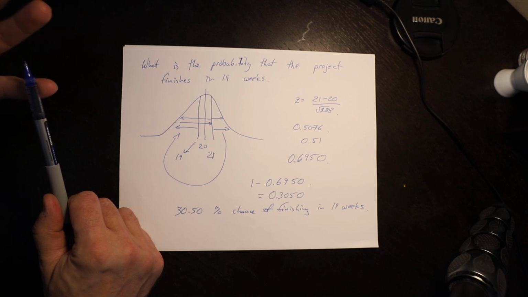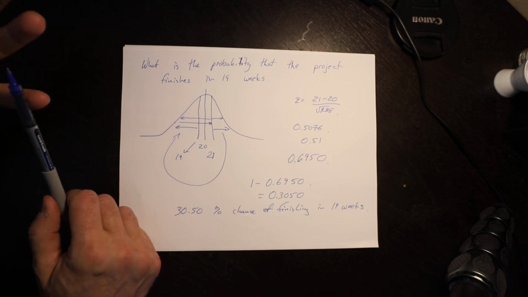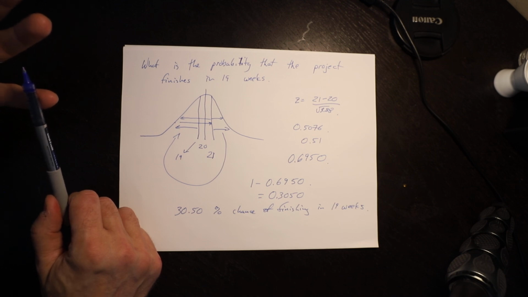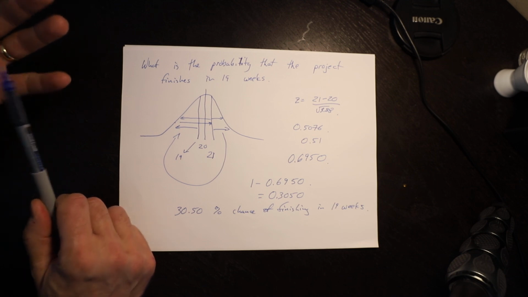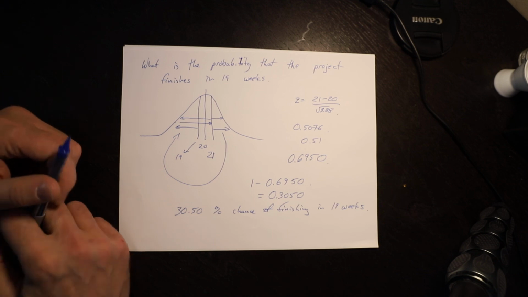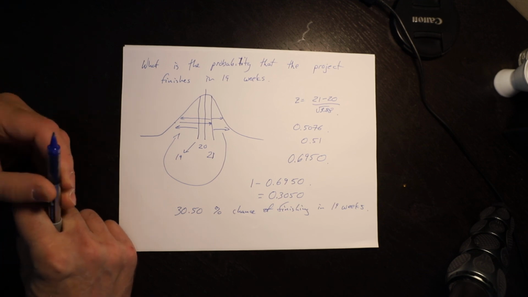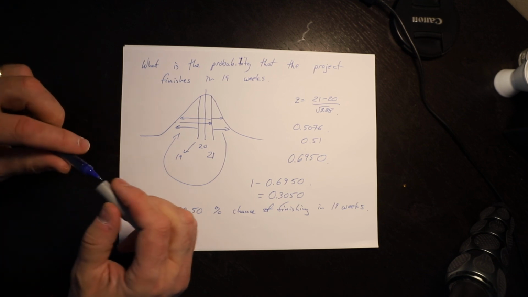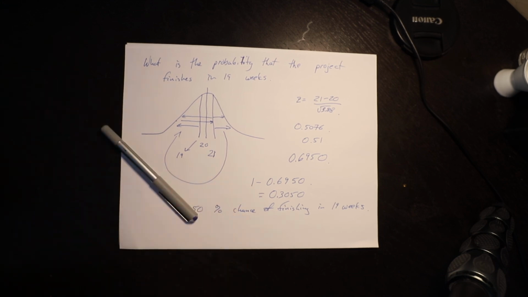Calculate your Z value based on your expected completion time and your targeted completion time, get your probability from the standard normal table, and the process is relatively straightforward. So that is quickly the approach to problems with uncertainty around task completion time.